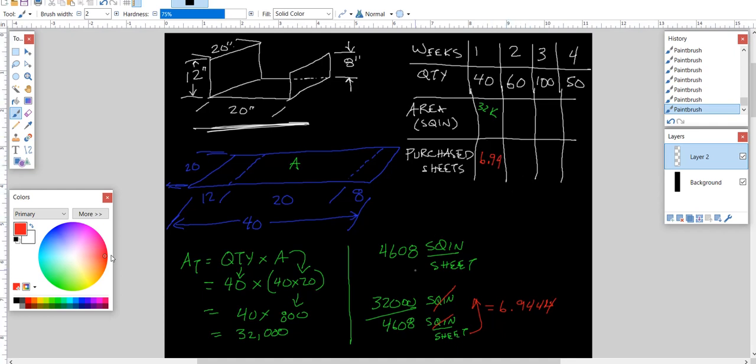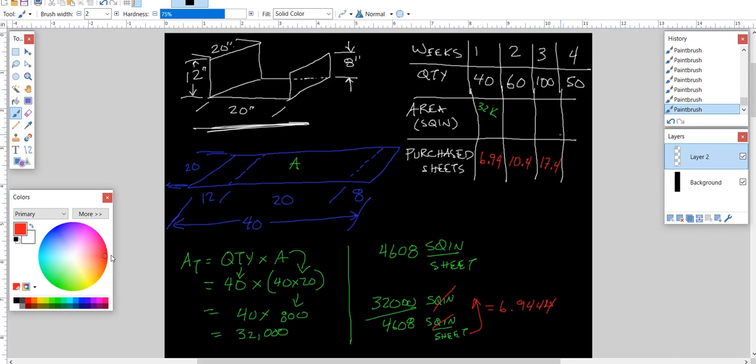Okay, and then so if we just continue doing that, so 60 times 800 divided by 4608, I need 10.4 sheets here, and then for 100, I need 17.4.